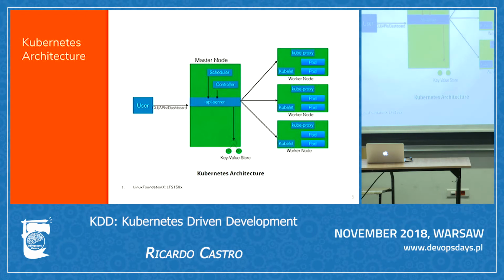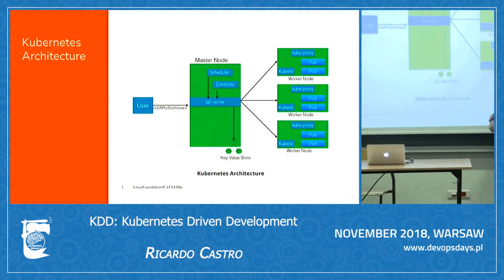So this might be familiar to some of you, just a quick overview of how a Kubernetes cluster works. You have master and nodes. Usually you interact with a cluster via the API server, where you have a scheduler, which schedules your resources or jobs to run somewhere, and you have a controller, which will manage where the pods are running.